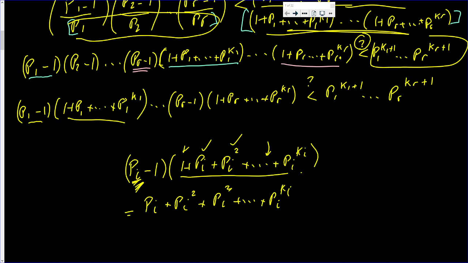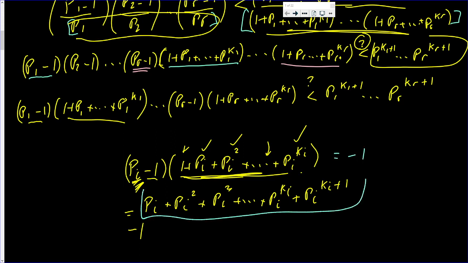And when you multiply the pi by the last one, you're going to get p sub I to the k sub I plus 1. But then you have to minus all of this. You have to minus 1. So we're going to have minus 1 and plus this.